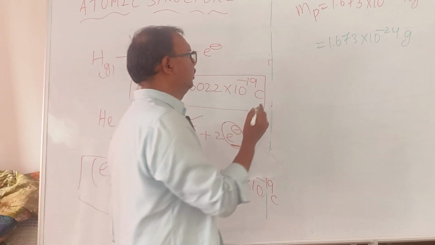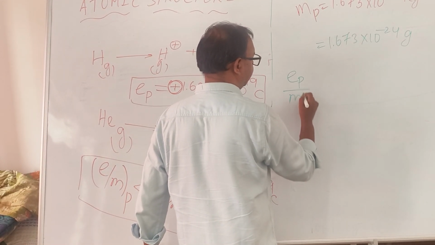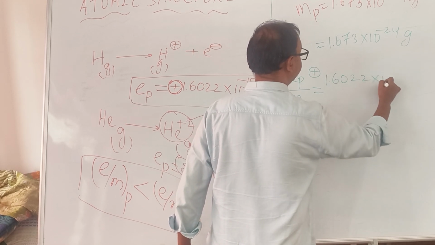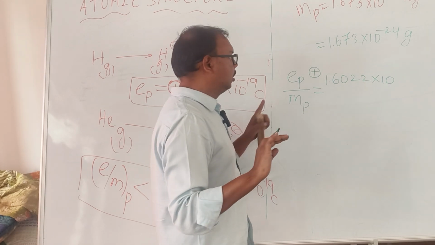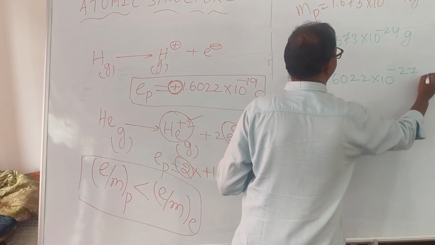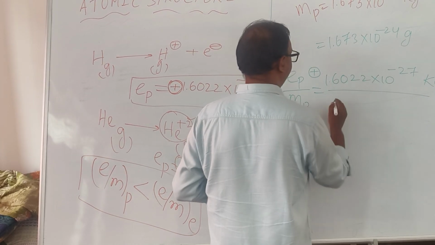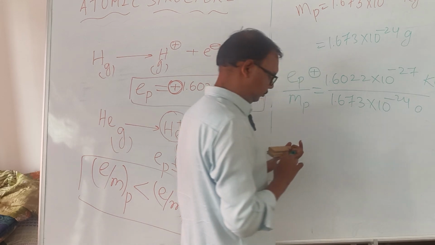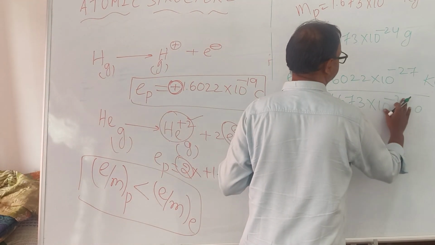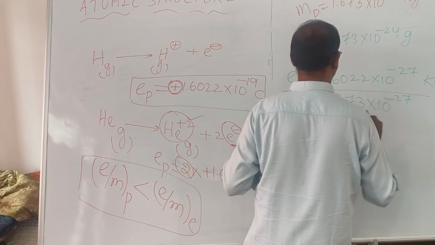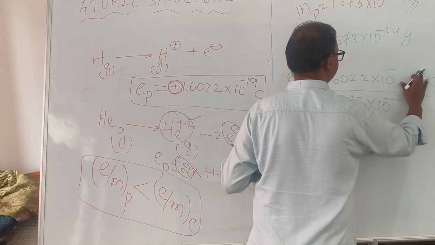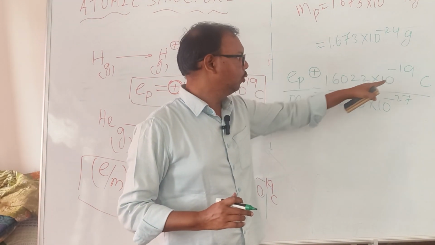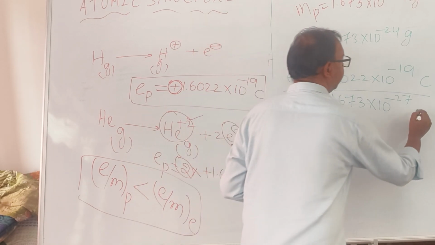Now, E by M for the proton is the charge of proton by the mass of proton, which means 1.6022 into 10 power minus 19 coulombs, because sign is not considered in case of magnitude, divided by 1.673 into 10 power minus 27 kg.